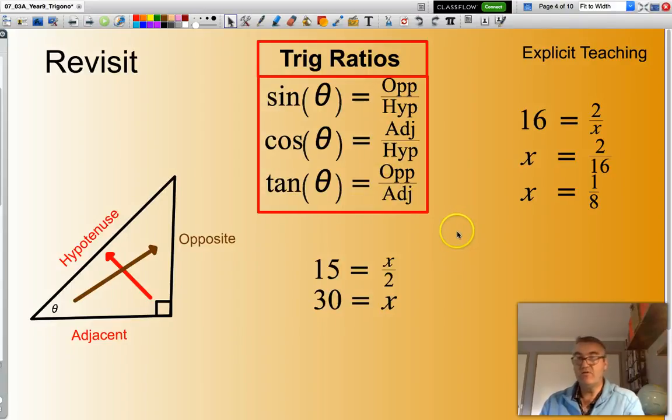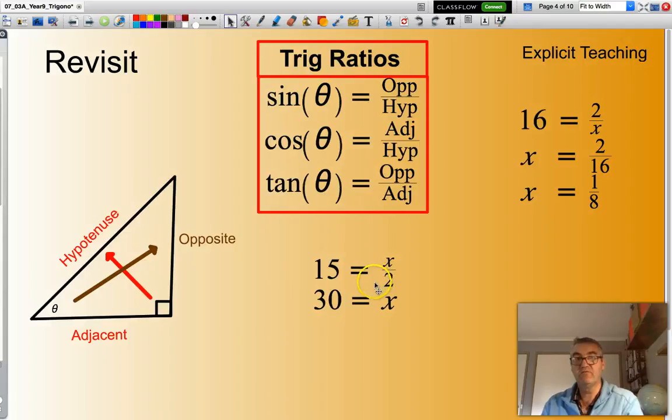Two other items that you need to be aware of when solving these types of problems: you'll have to solve a little bit of algebra. The first type of equation you need to be comfortable solving is 15 equals some number x divided by 2.